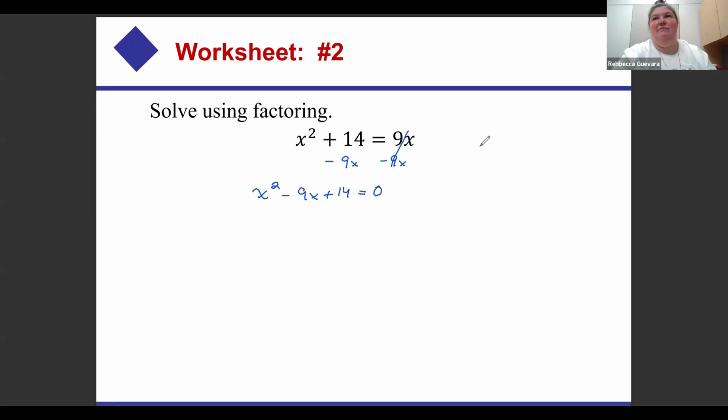So once again, we just need factors of 14, not 9. And we need the ones that will sum to -9.